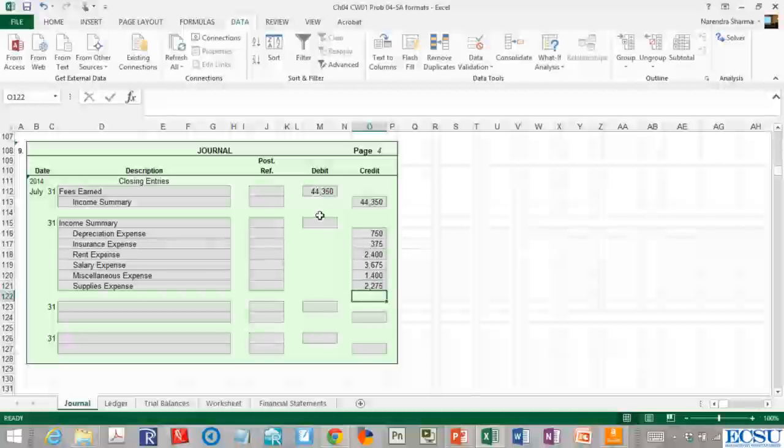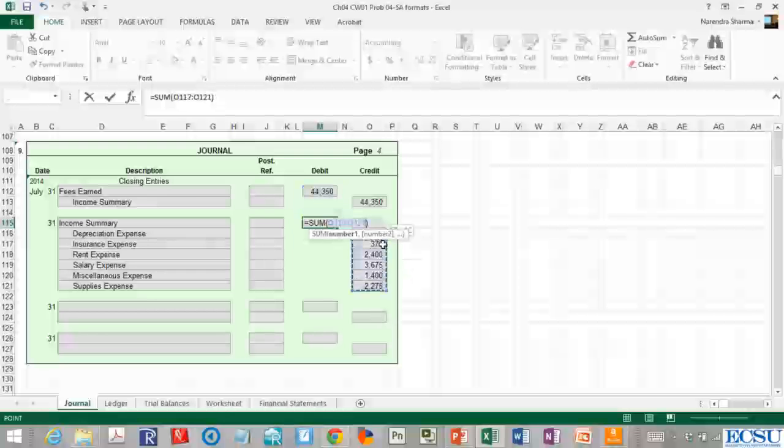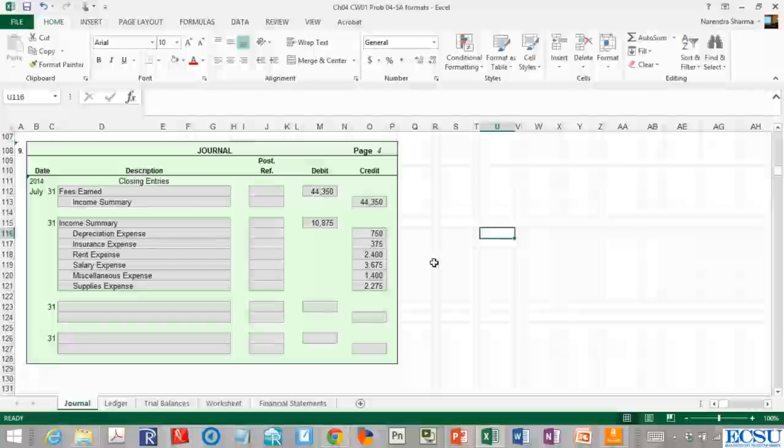So I think I have all the expenses. Let me add all those expenses. If I add these supplies, that is 10,875. And now since the income summary will have more on the credit side, I need to debit it to close it.